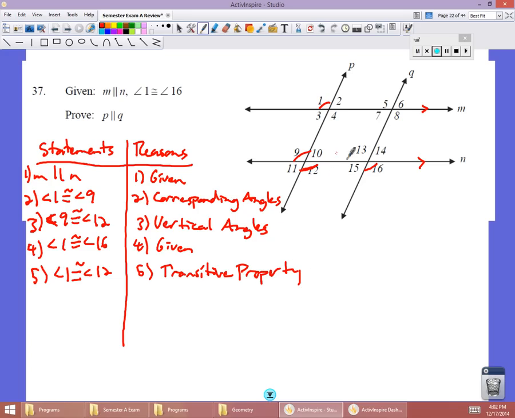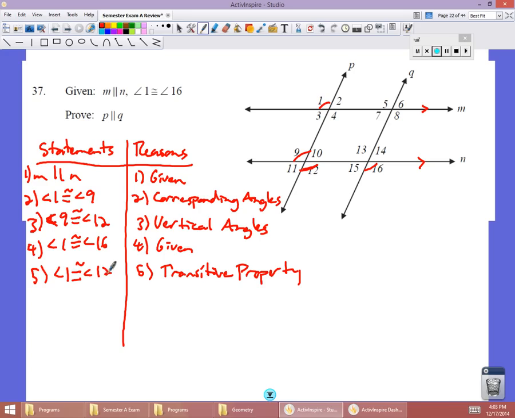Now ultimately what we're trying to do is to prove that 12 and 16 are congruent, because just like in number 2, those are corresponding angles. If they're congruent and they're corresponding, then that makes the two lines parallel, which is what we're trying to prove. So we're almost done here. So again, we knew that 1 was equal to 9 and 9 was equal to 12. That made 1 equal to 12.